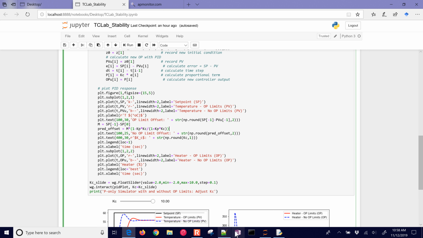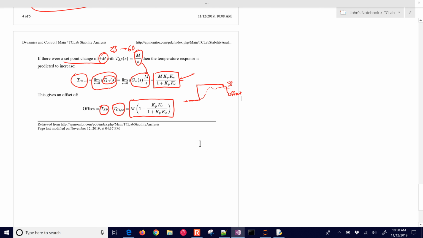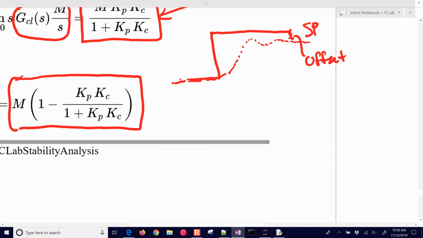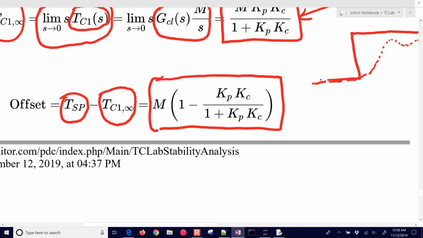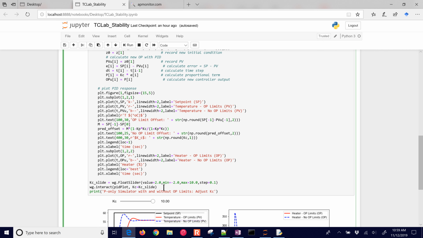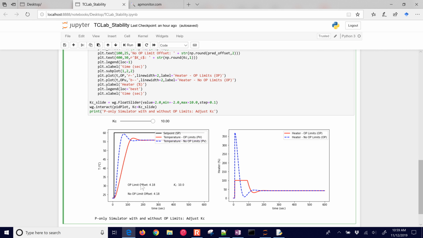That came from down here at the bottom. This formula right there is our predicted offset between the set point and the PV value. We had excellent agreement between the predicted and the calculated, both of them align.